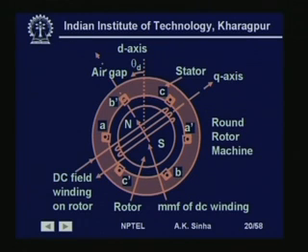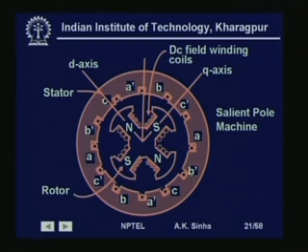Whereas the other kind of machine, we call them salient pole machines. As you see here, the poles are protruded from the center, they are coming out like this. So, in this machine the poles are salient, and these machines therefore are called salient pole machines.